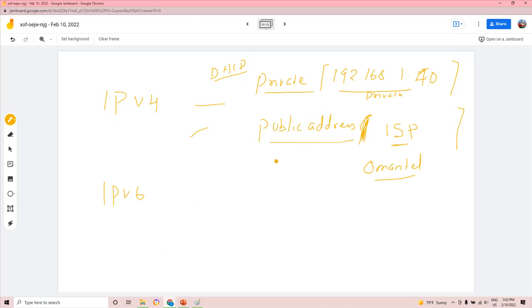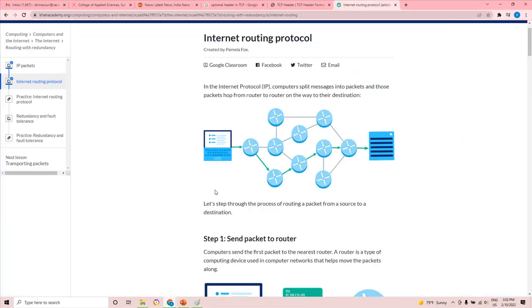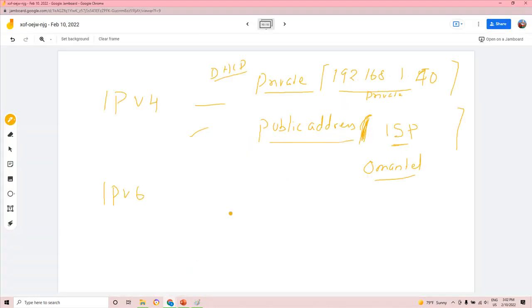Once again, when you want to send a message across the internet to a destination, it should have a public IP, not a private IP. So how is this possible? Please understand the NAT service.